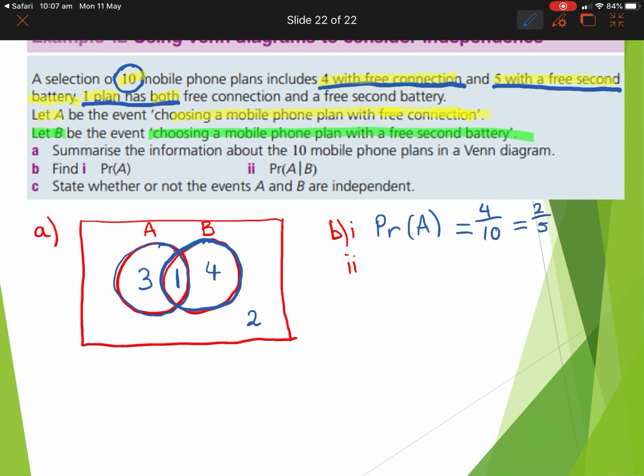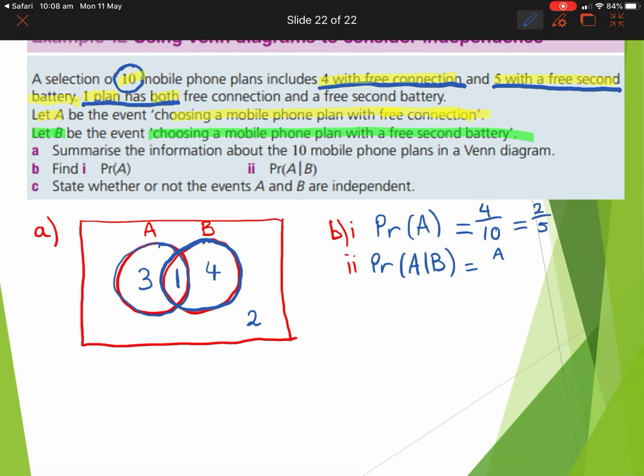Now the next one, ii, it says find the probability of A given that B has occurred. Okay, this is your conditional probability. If you don't remember it, you need to go back to your notes to find the formula, and I did write it in that last slide.